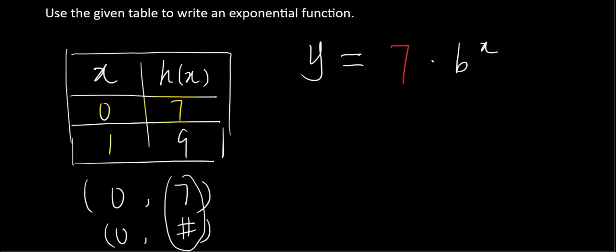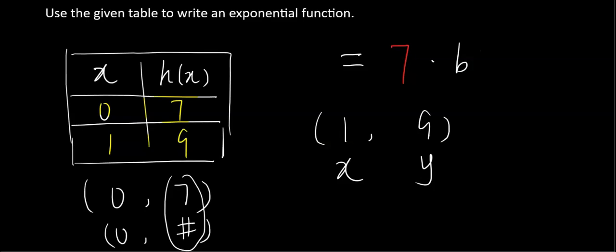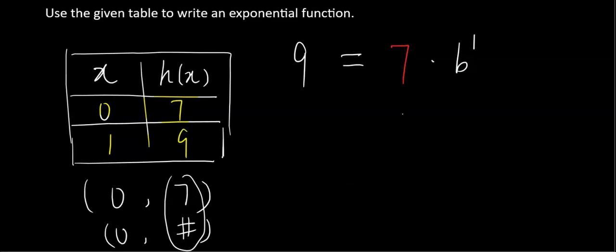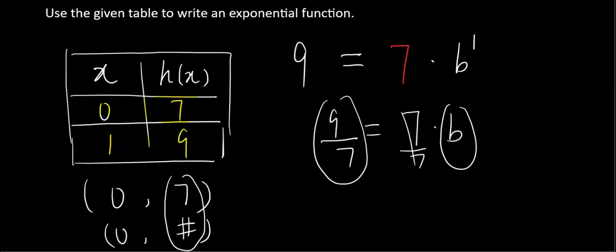Now we come back here to look at (1, 9). (1, 9) gives us x is 1, y is 9. Therefore, we erase this, we put 1 here, we put 9 here. b to the first power is still b, so 7 times b equals 9, divided by 7 on each side, and b is 9 over 7.